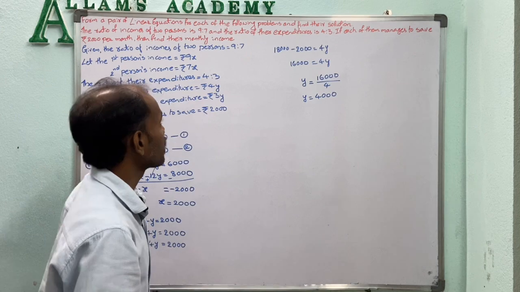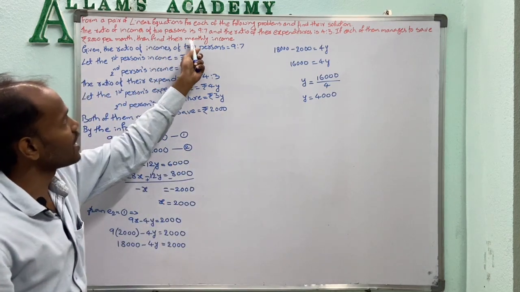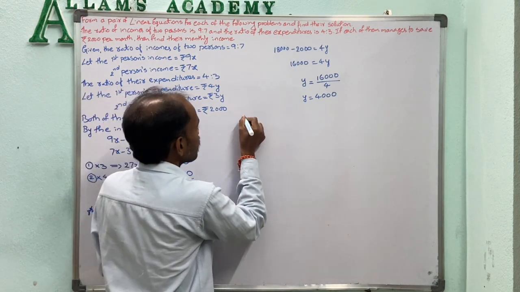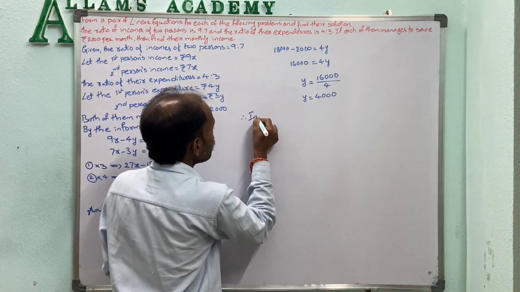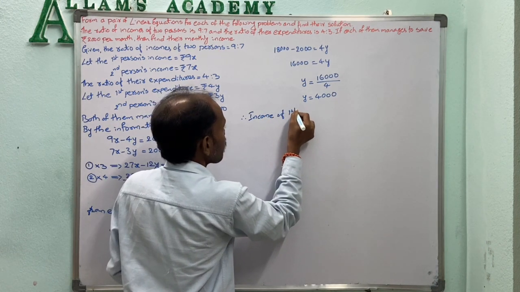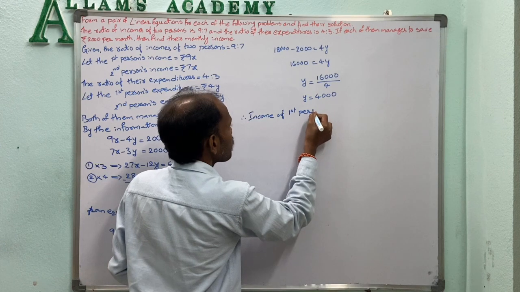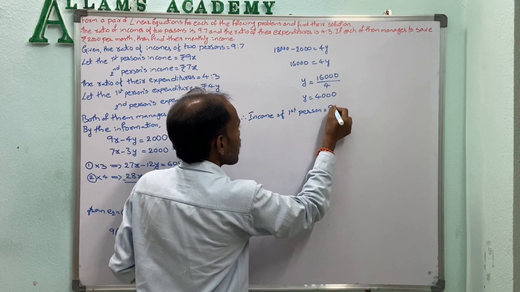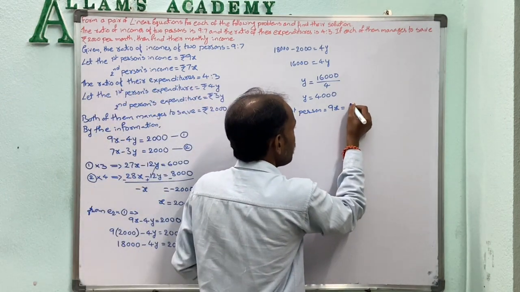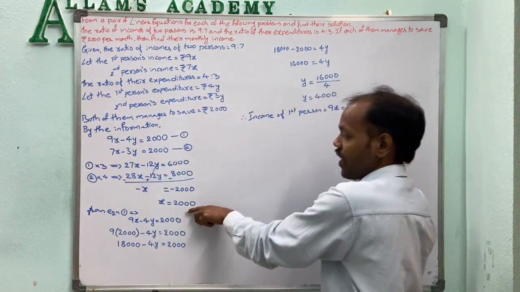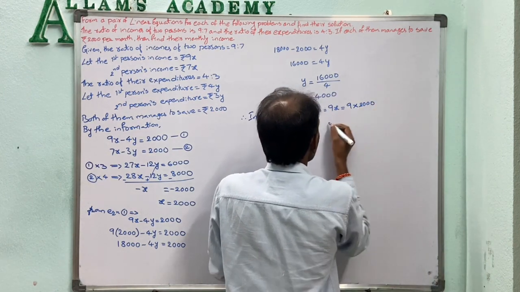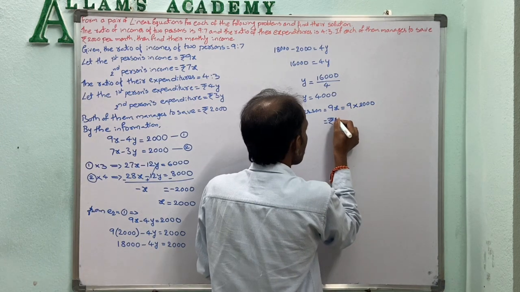Okay, but the question asks what their monthly income is. Therefore the income of the first person is nothing but 9x. So 9 into the x value, which we found as 2000, so 9 into 2000 is 18,000.